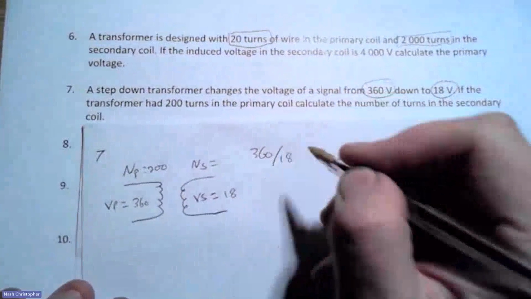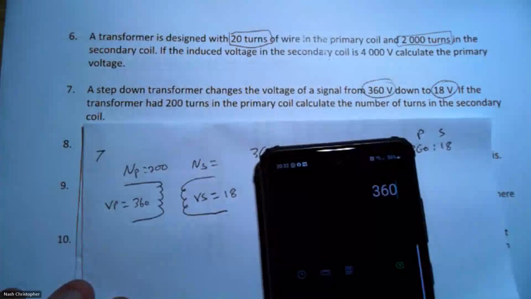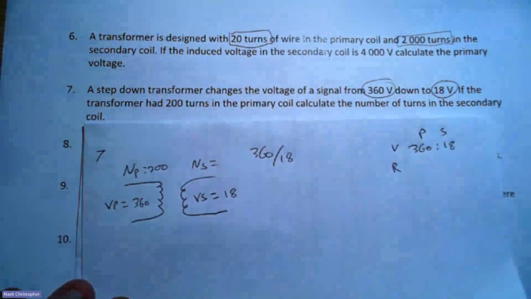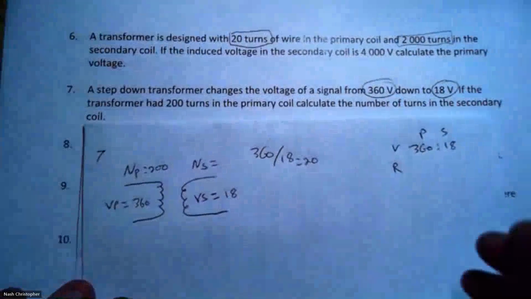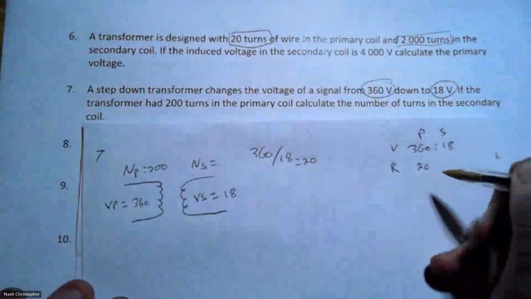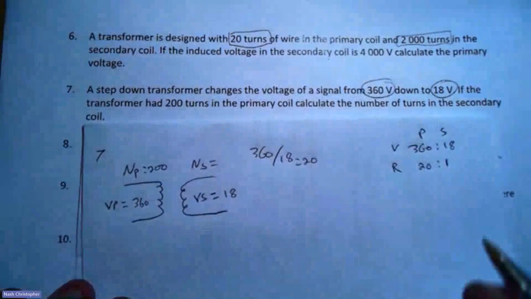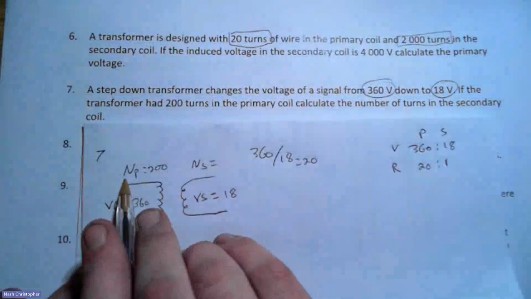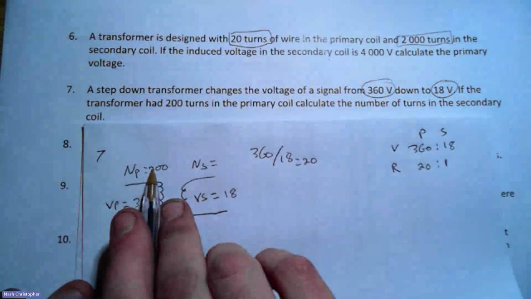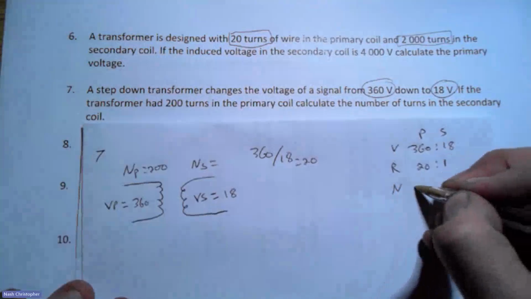360 divided by 18 is 20. So 360 is 20 times larger than 18. We know that the number of turns is 200 on the primary.